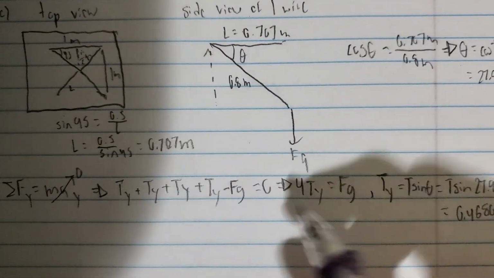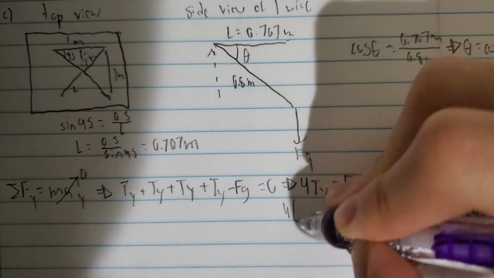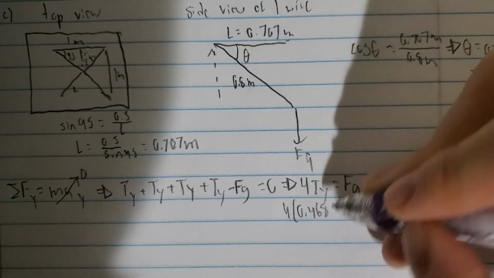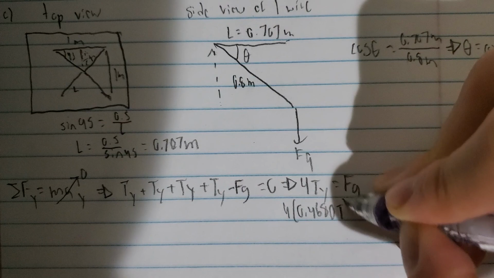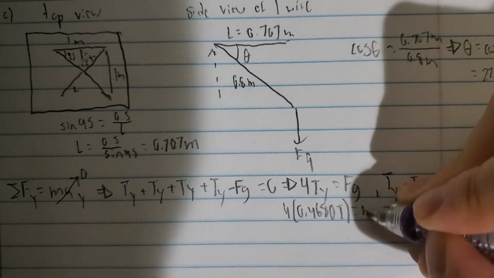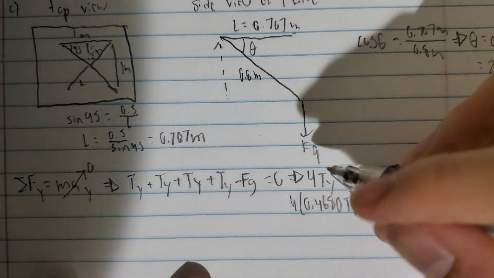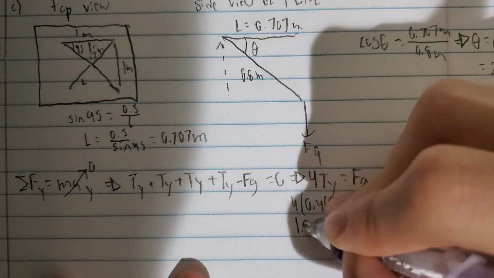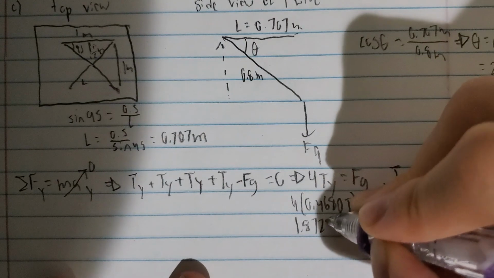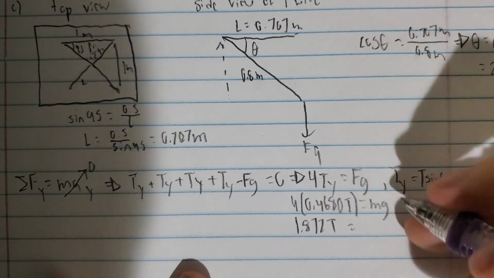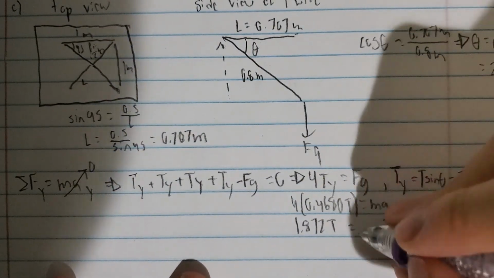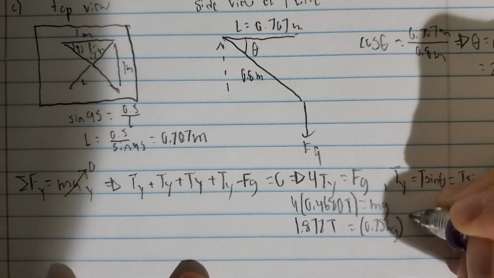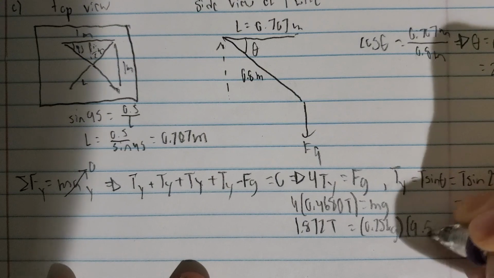So now I can plug this in: 4 times 0.4680 t, and Fg is mg. So 4 times this thing is 1.872 t. I'm going to plug in my mass, 0.25 kilograms once again, and g is 9.8 meters per second squared.